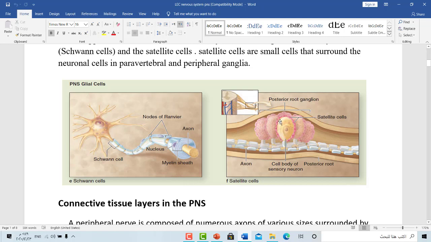The stellate cell, also called the satellite cell, always surrounds the cell body of the neurons in the ganglion. The other type is the Schwann cell, which surrounds the axon as it enters and exits the ganglion.